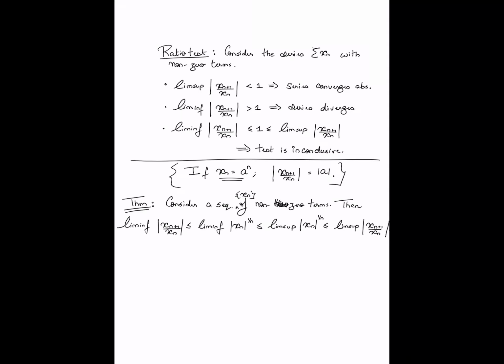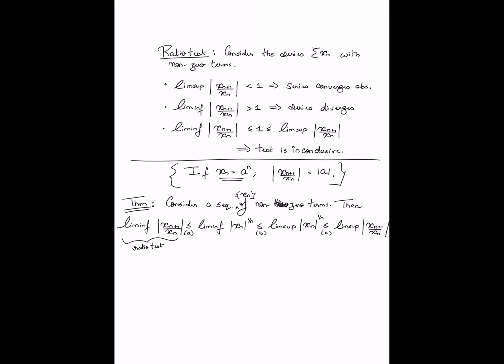There are three inequalities here. Let's call them inequality A, inequality B, inequality C. You will see that the inequalities in fact relate the objects involved between the root test and the ratio test. The leftmost number here is involved in the ratio test, because it's just the lim inf of the absolute value of xn plus 1 by xn.